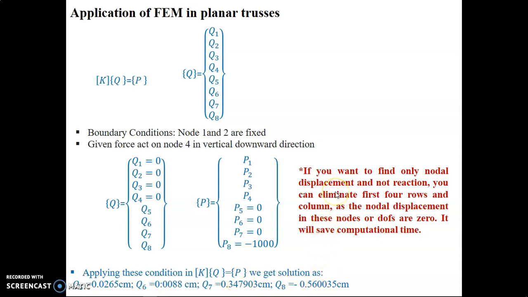In order to reduce the number of steps in the calculation, we can eliminate the first 4 rows and first 4 columns of the global system of equations, because the first 4 rows correspond to Q1, Q2, Q3 and Q4, as the displacement is already equal to 0. So we can directly eliminate these rows and columns which are associated with these degrees of freedom. Still we are getting 4 simultaneous algebraic equations which can be solved for Q5, Q6, Q7 and Q8.